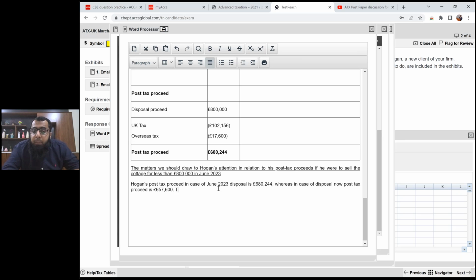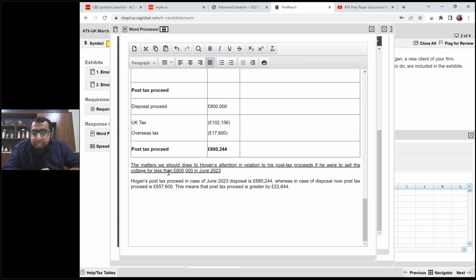This means the post-tax proceed is greater by how much? Can anyone tell me? 680,244 minus 657,600. It is greater by 22,644. The post-tax proceed is additional by 22,644.